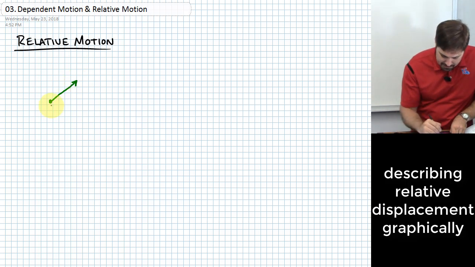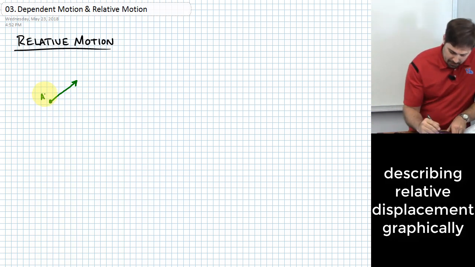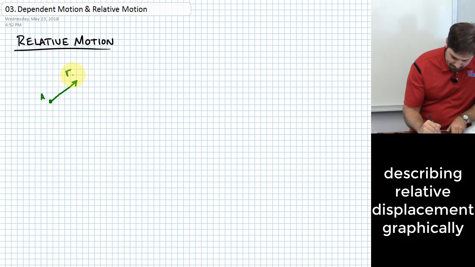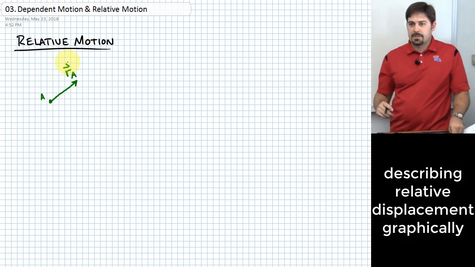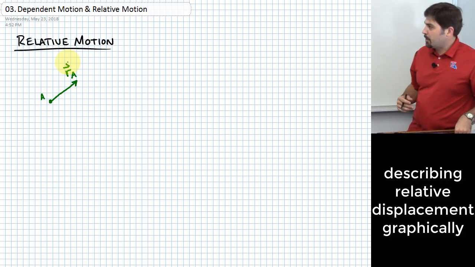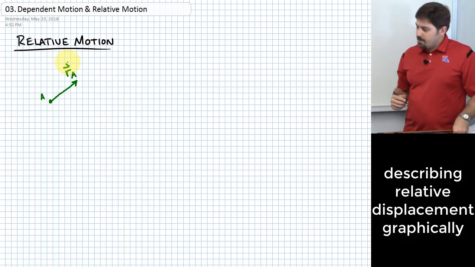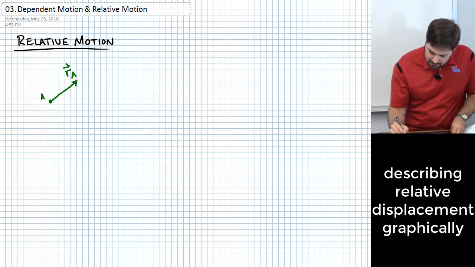And I'll call this particle A. Right, and so the motion that happened here, I'll call it R sub A. That's the variable it typically uses in this book to describe a displacement or a motion, a distance.